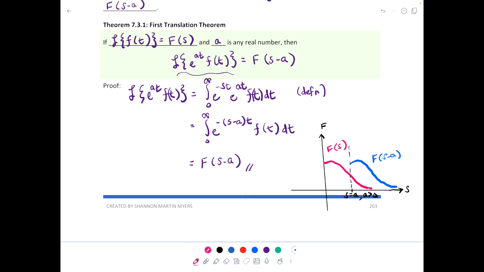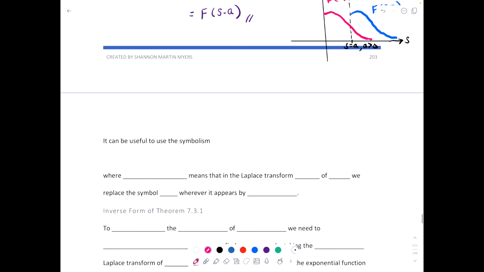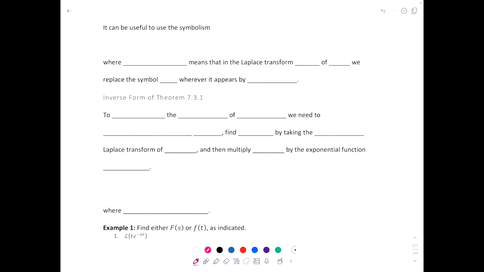Cool? Excellent. All right, so now it can be useful to use the symbolism: the Laplace transform of e to the at times f at t is equal to the Laplace transform of f at t as s approaches s minus a.